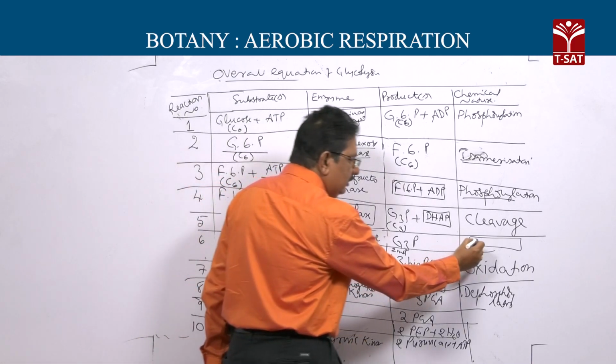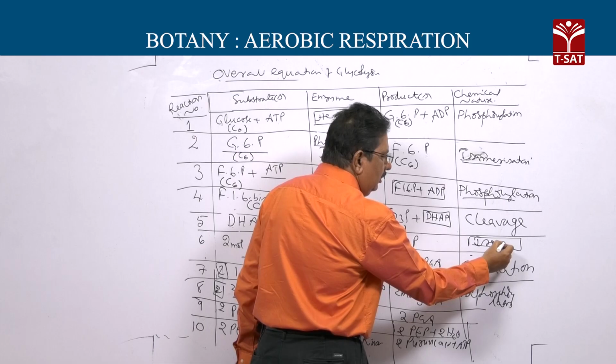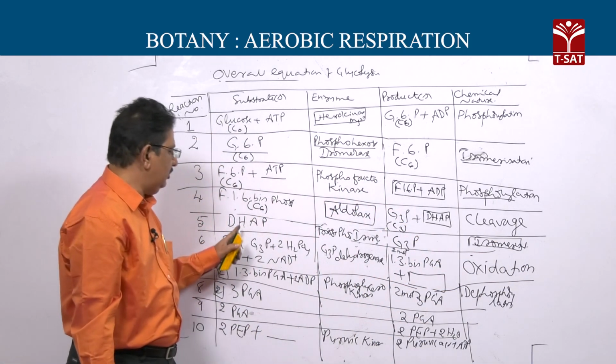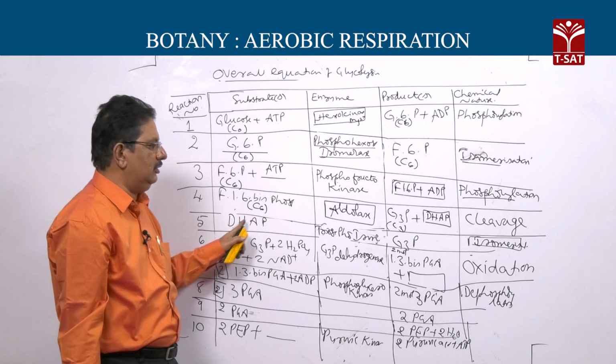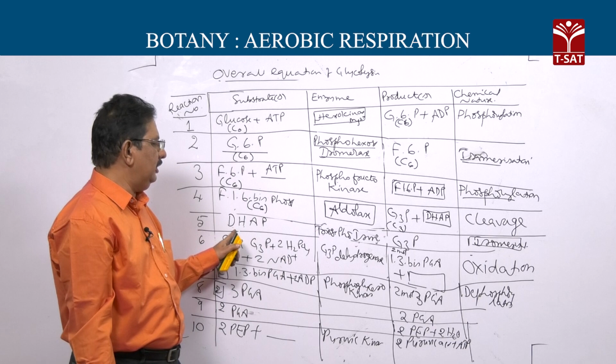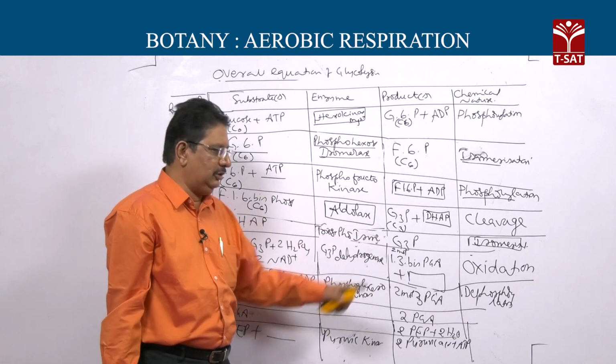So another reaction, chemically isomerization. Since DHAP is unfit for oxidation, G3P is more fit for oxidation. So, DHAP should convert into G3P.